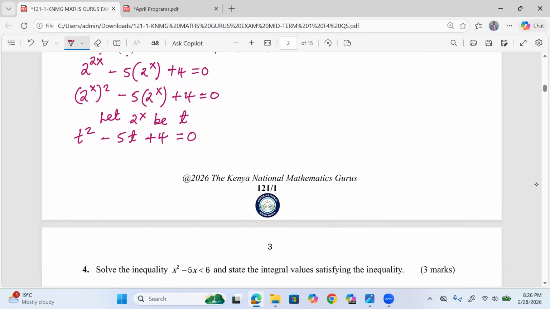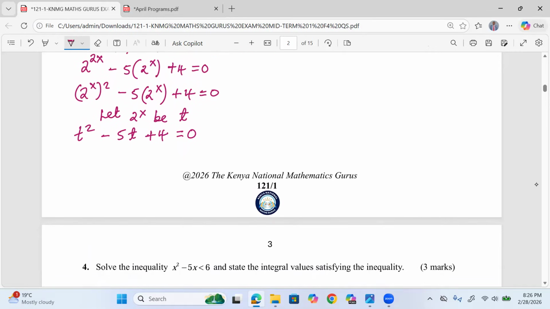It's now becoming quadratic. So let's solve the quadratic equation. We can use any of the formulas. I prefer we use the factorization method, whereby we need a product of a times c. A is the coefficient of t squared, which is 1, and c is the constant, which is 4.